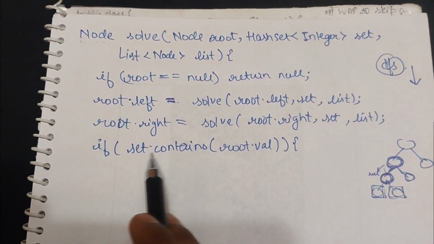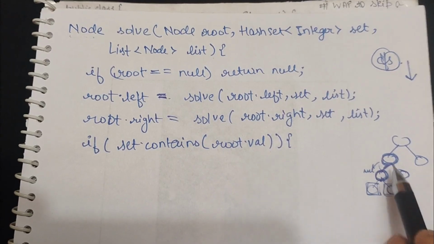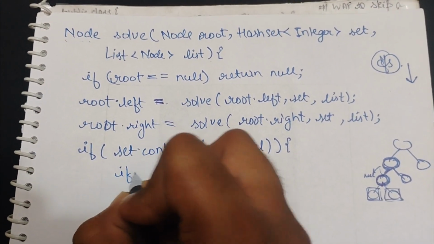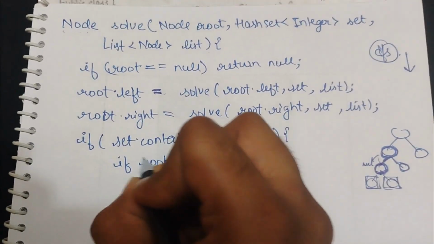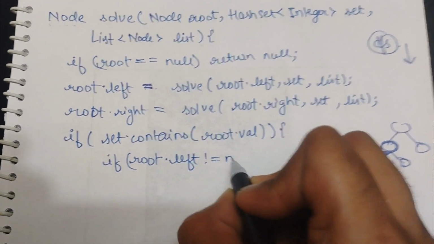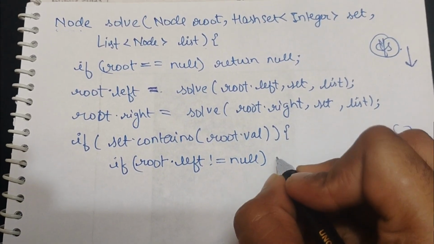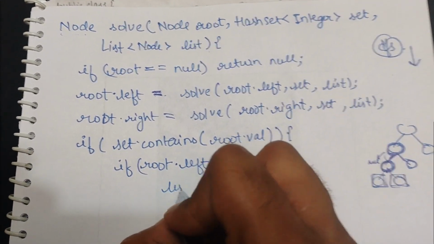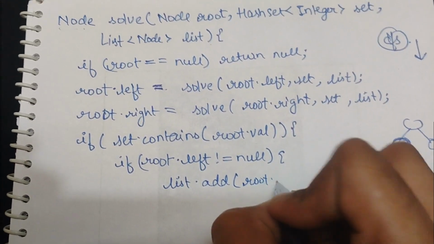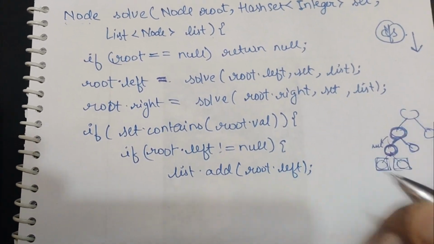So if set dot contains root dot val, that means this has to be deleted. First, if it has a left subtree, if its left is not null, then do list dot add root dot left.